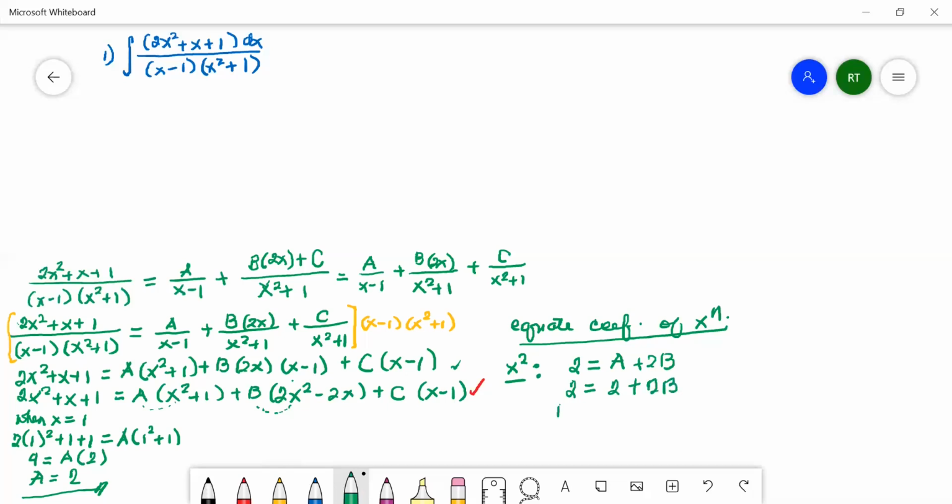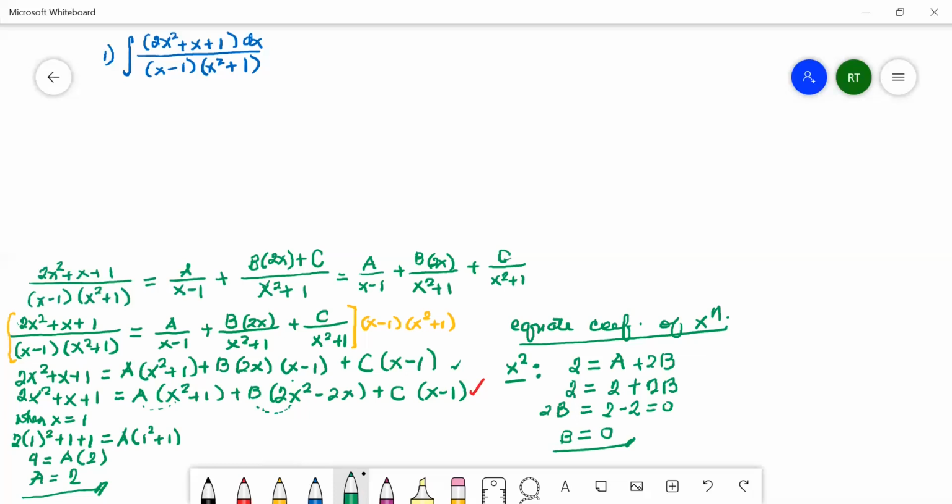Now if we solve for 2b, transposing 2 to the other side will give us 2 minus 2, and 2 minus 2 is 0. So this is equal to 0, therefore b is equal to 0. a is equal to 2 and b is equal to 0. We still have another constant c.